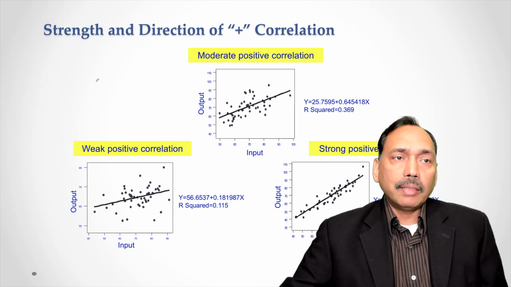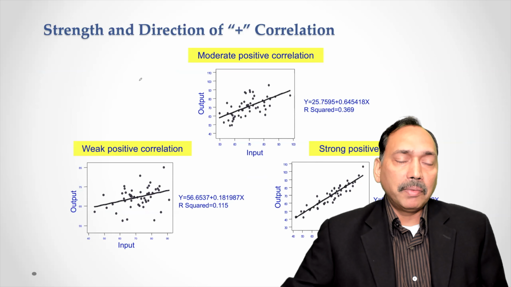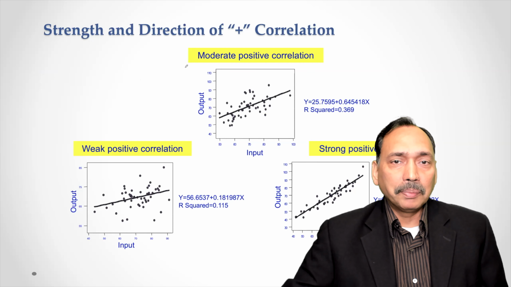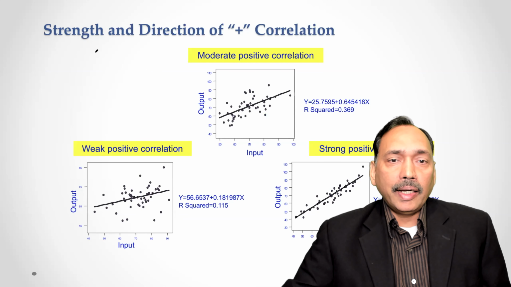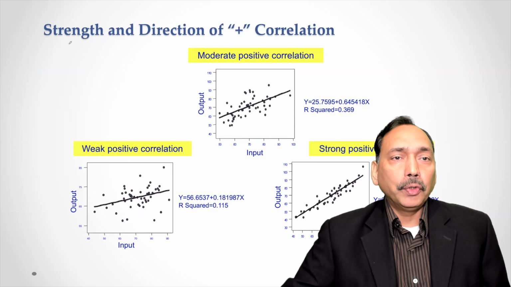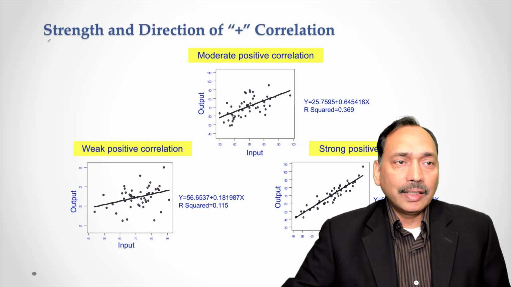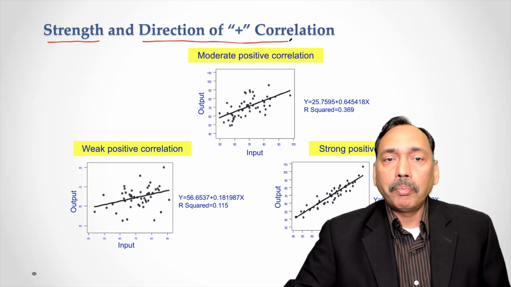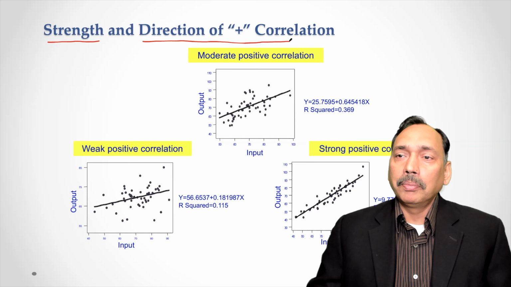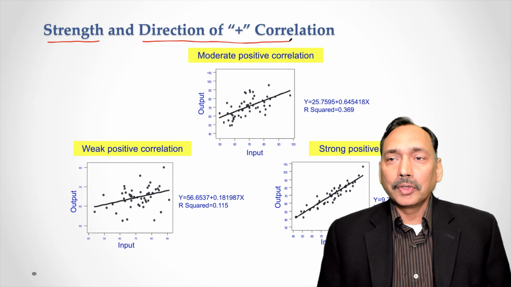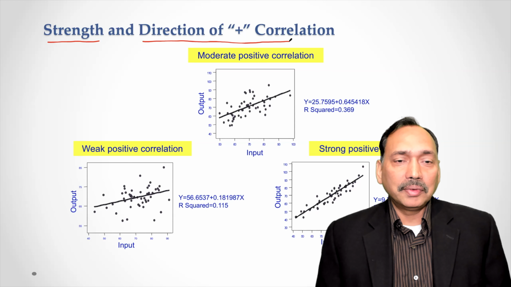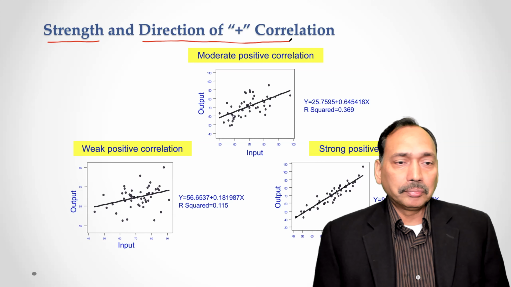So let's look at some examples of linear relation between two variables. And in these examples, I have used the patterns to also indicate the strength of the relation, and also direction, which in all these cases is positive. Like one goes up, the other goes up. So the two variables are directly proportional to each other.